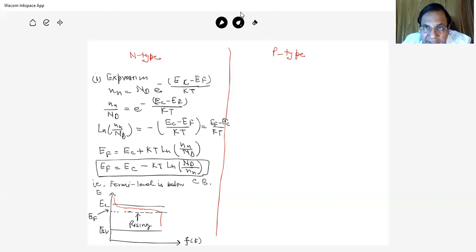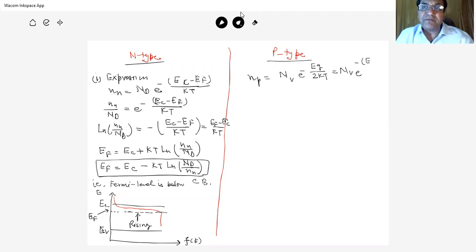Now, in case of p-type semiconductor, as in case of n-type semiconductor, the expression is n of p is equal to n of v e raised to the power minus Eg by 2kT, or Nv e raised to the power minus Ef minus Ev upon kT.